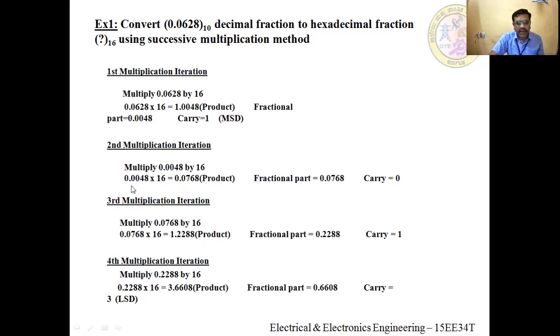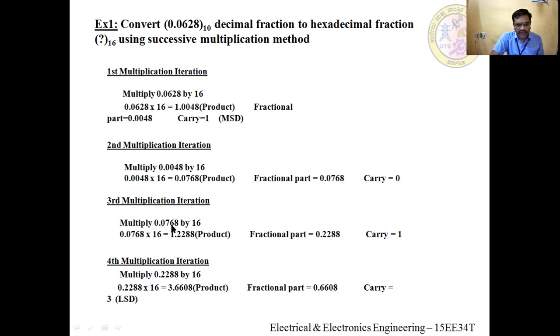When you multiply 0.0048 with 16, you will get a product which again contains a carry part and a fractional part. It is 0.0768, so 0 will be the carry part and 0.0768 will be the fractional part. Let us take this fractional part to the third multiplication iteration.